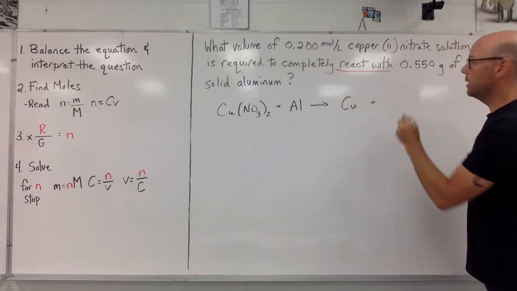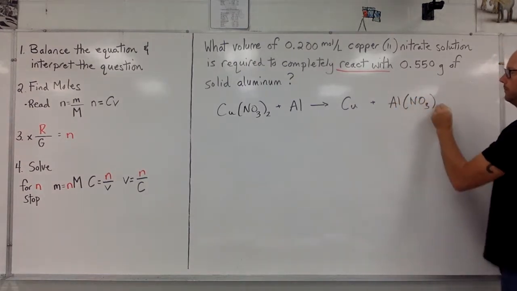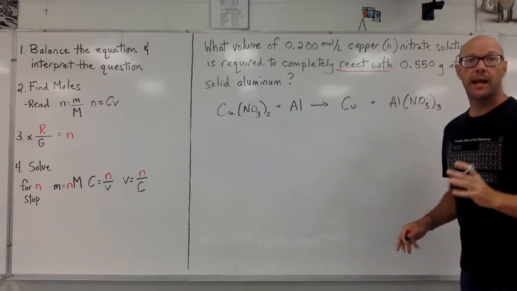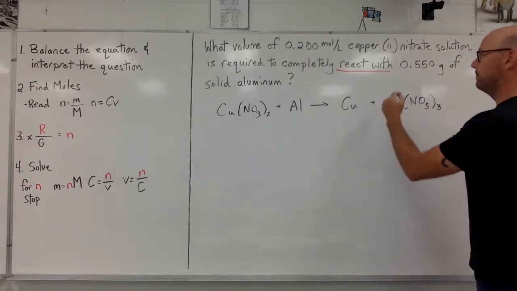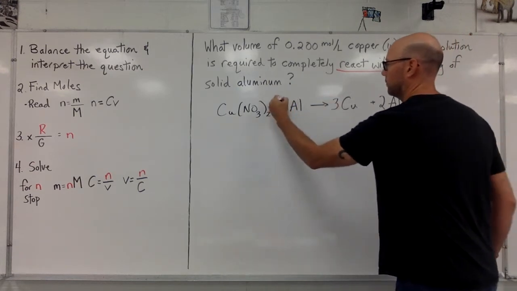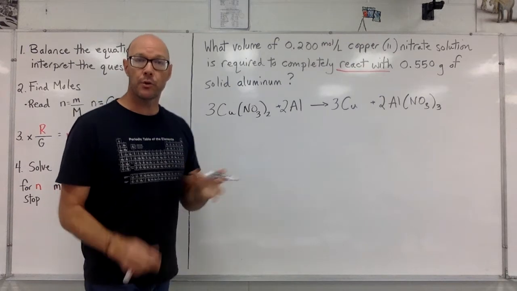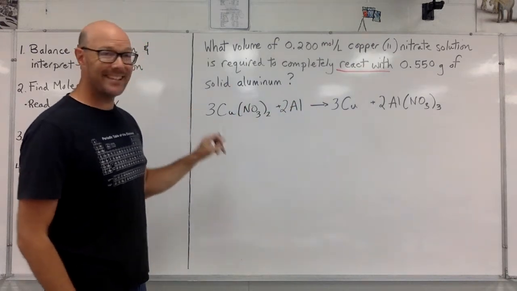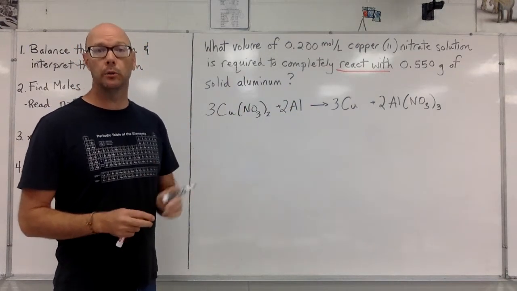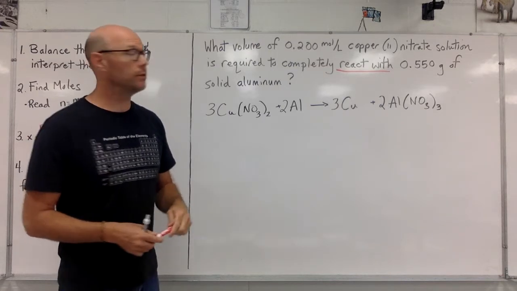The aluminum is a 3 plus, and the nitrate a 1 minus. Now we balance this equation. So we end up with 3 coppers on either side, 6 nitrates, and 2 aluminums on opposite sides of the equation. Let's get to our interpretation.